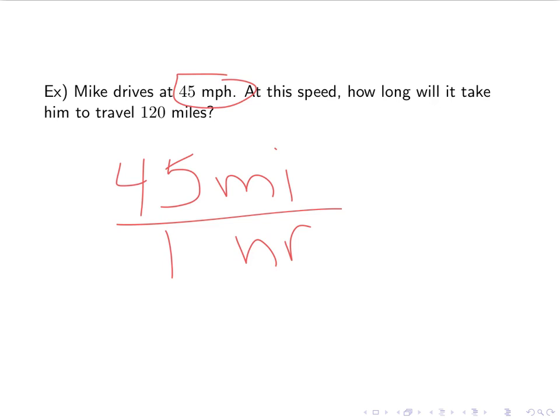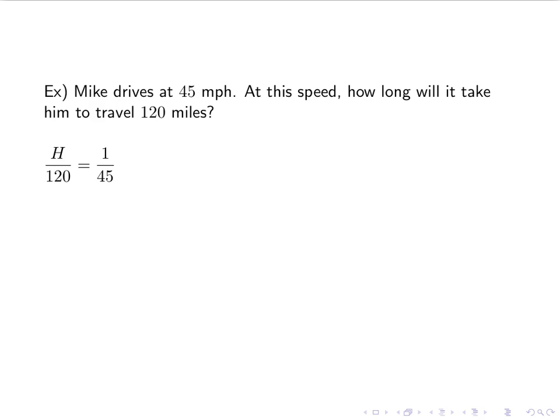So we're looking for a number of hours. So I'm actually going to flip this fraction over so that we have time on top and miles on the bottom. So my 45 miles per hour becomes 1 over 45 because again I want time on top and miles on the bottom. And then my 120 is my denominator. I'm using h for hours as my unknown. So we have h over 120 equals 1 over 45.